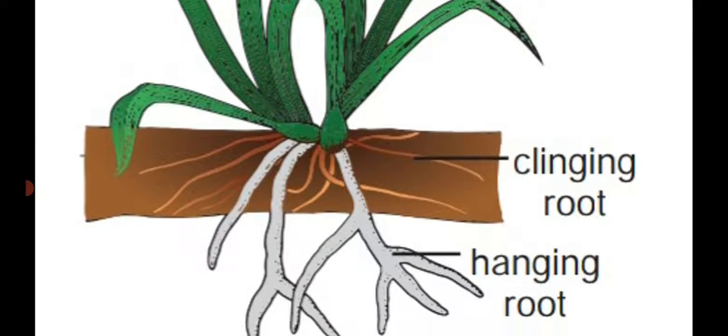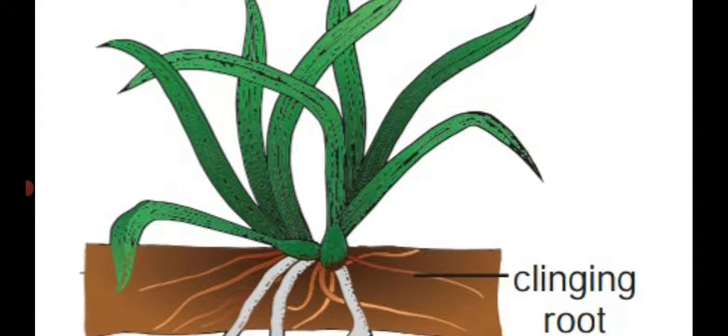Why do they produce a special type of hanging root? Because the plant which lives on the bark of a tree is unable to absorb water and mineral salts from that bark region, isn't it? Bark is very hard in structure, yet these plants need water for the photosynthetic process.